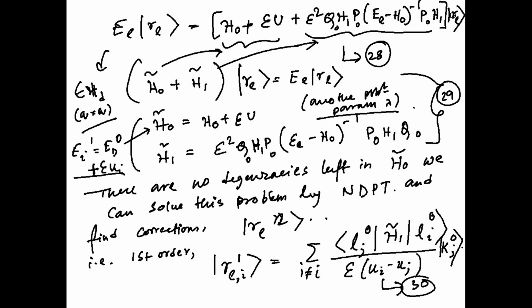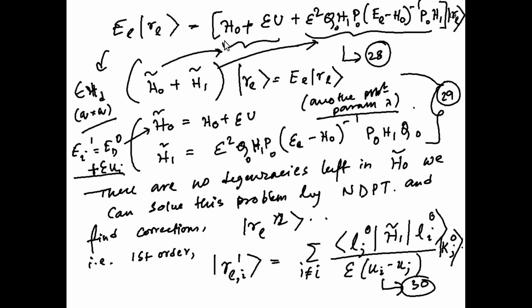Now, notice that I can treat this as a separate perturbation theory problem, where I take the first two terms and call it H naught curly, and take the other term and call it H1 curly.